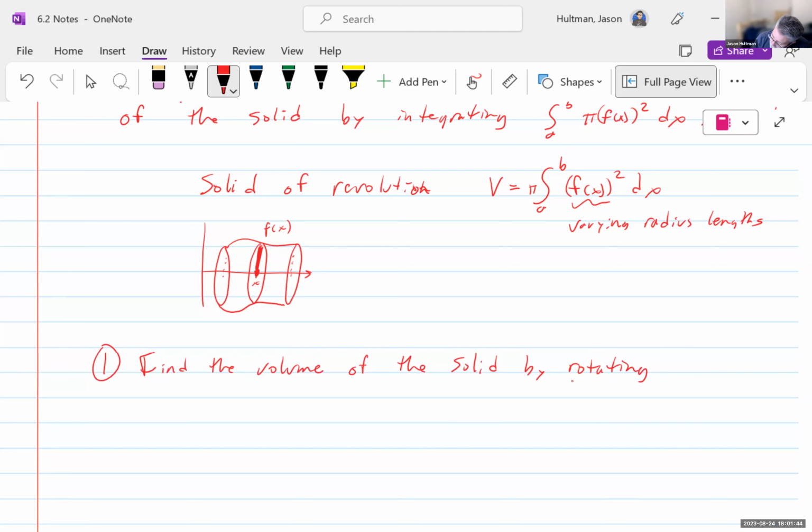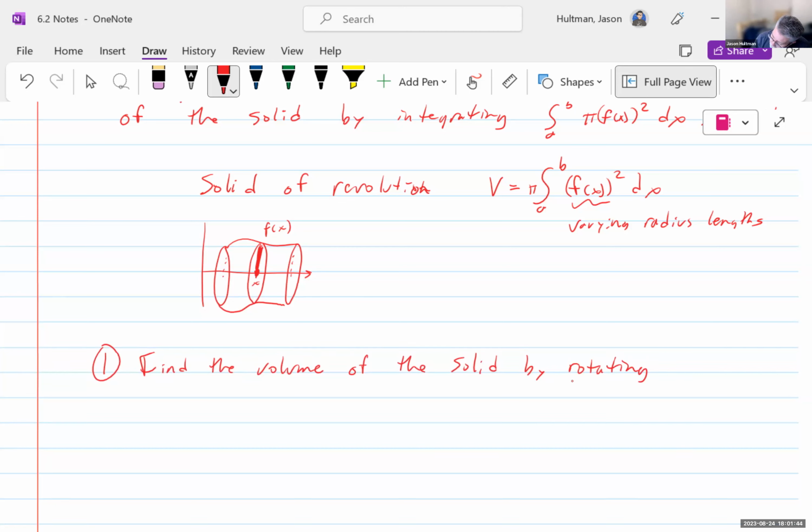So what does this look like? y equals radical x looks like this, from 0 to 1. It goes through 0, 0, and it goes through 1, 1. I'm going to revolve this about the x-axis, and I get my various slices.